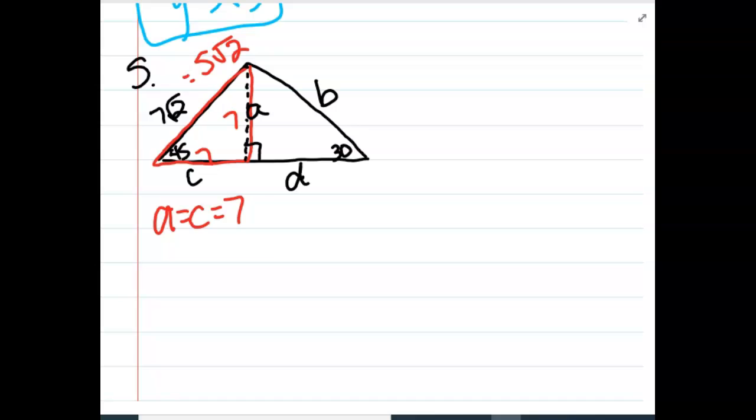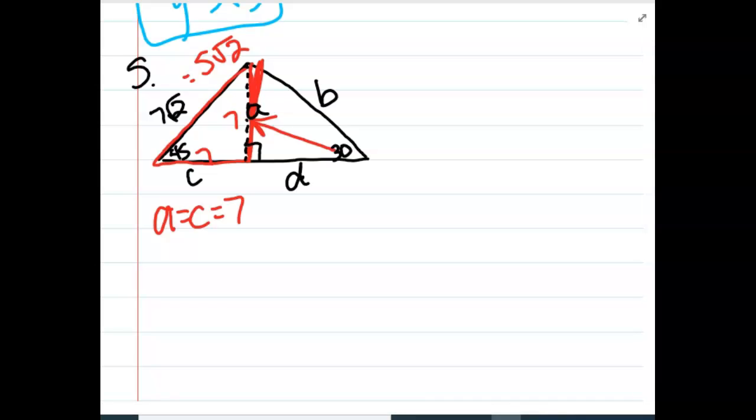Now, look over to the other triangle. What I need to decide is what side that 7 is in my 30, 60, 90 triangle. Is it my shorter leg or longer leg? See the 30-degree angle? It's my shorter leg, which is really nice because that's my S, right?